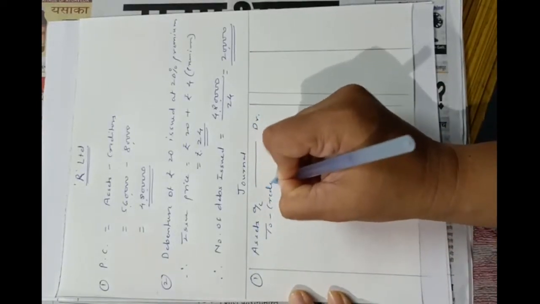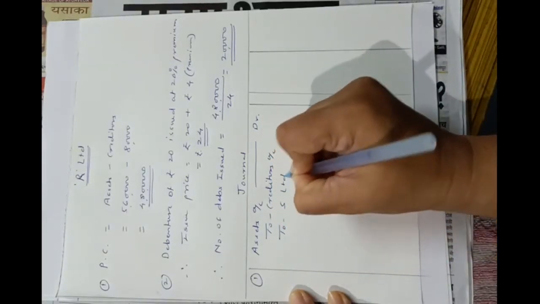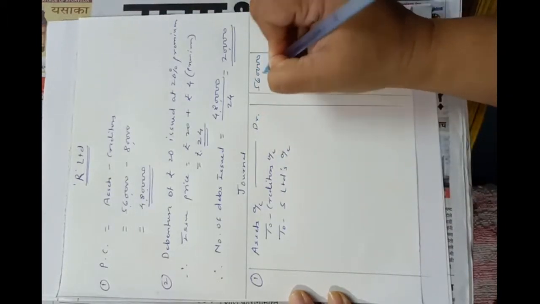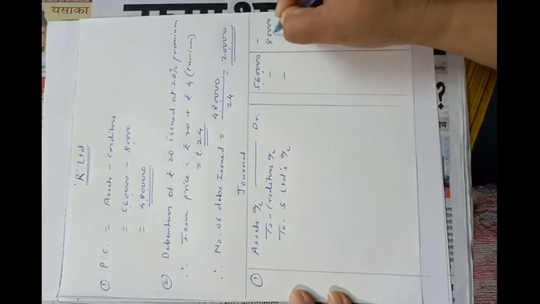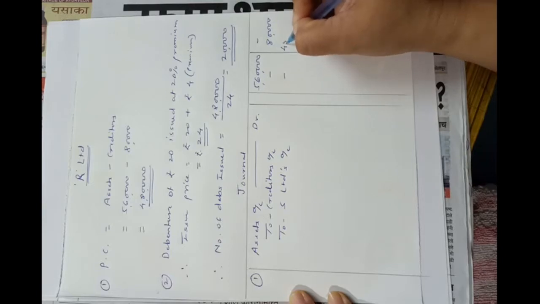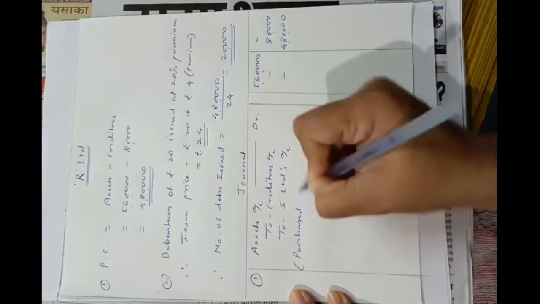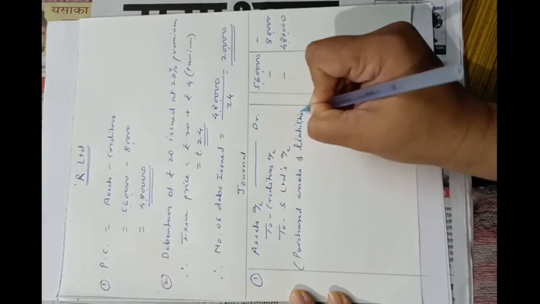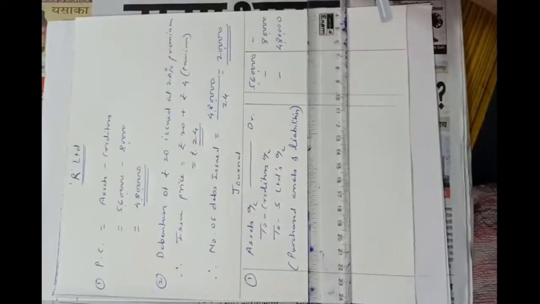Assets account debit 5,60,000, to creditors account 80,000 and to S Limited's account 4,80,000. Purchased assets and liabilities from S Limited, this will be the narration.